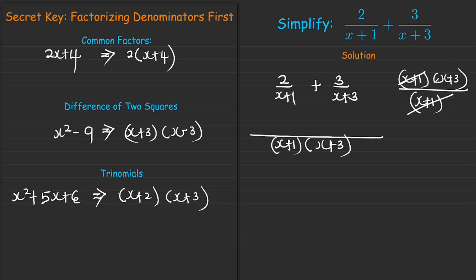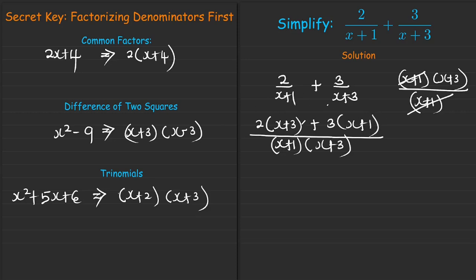So this comes to multiply the numerator here, so that we have 2 into bracket x plus 3. Then the same applies to what we have here. You divide the denominator by all of this, and by so doing, all of this cancels out. You have x plus 1 remaining. That comes to multiply your 3.